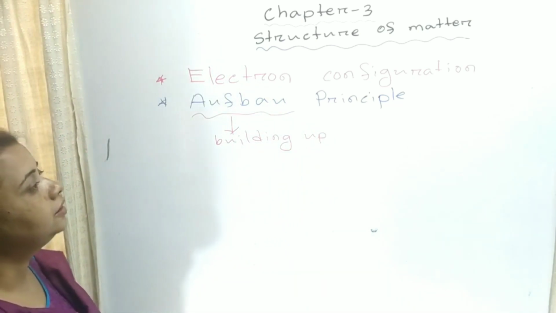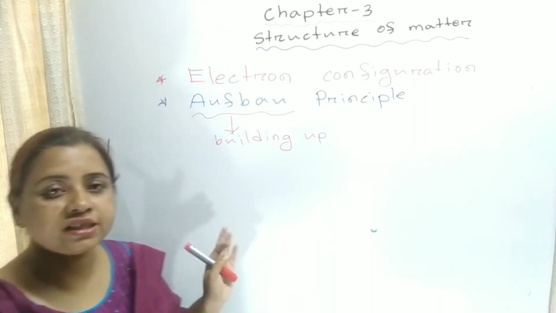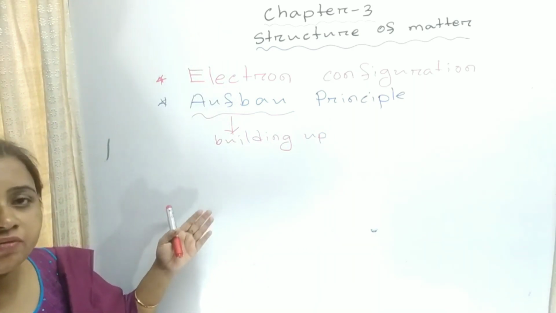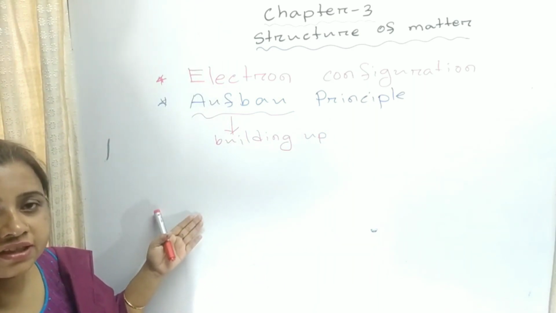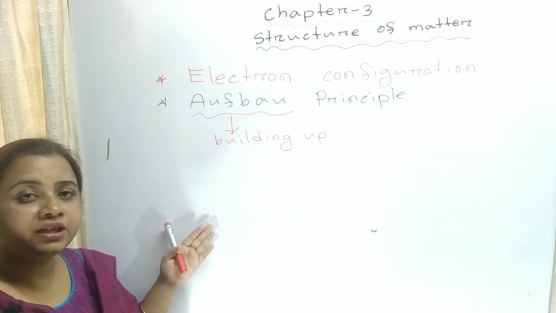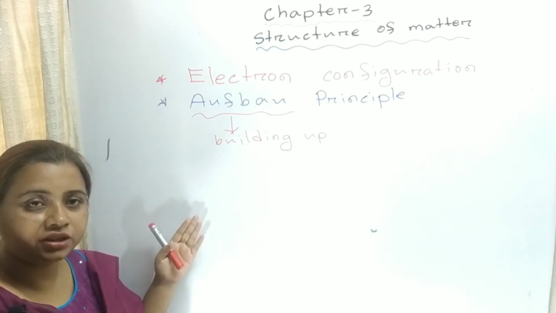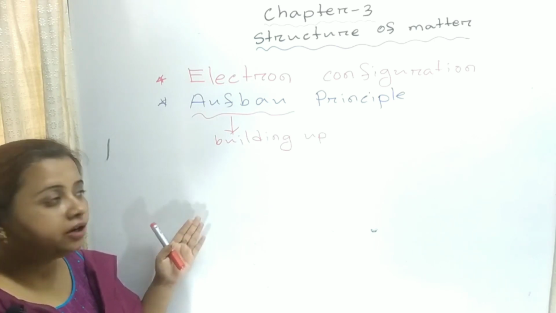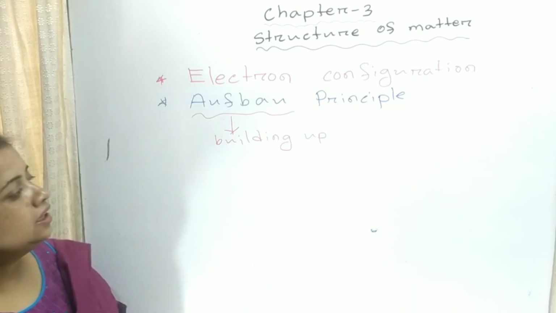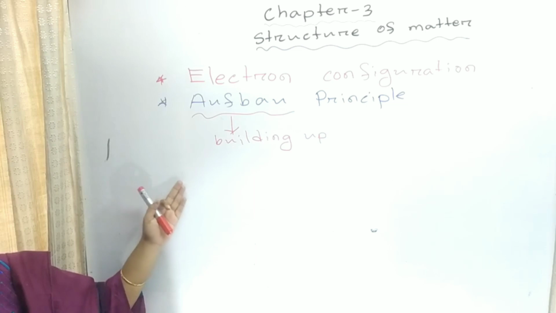Whenever a building is constructed, you know that at first foundation is given, then ground floor, then first floor, then second floor, like this way. In the same way, at first electrons will enter into lower energy level, then to higher energy level according to their energy. Now, you can ask me, how can you understand which one is lower energy level, which one is higher energy level?